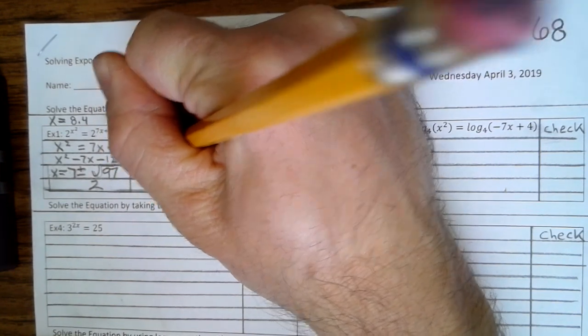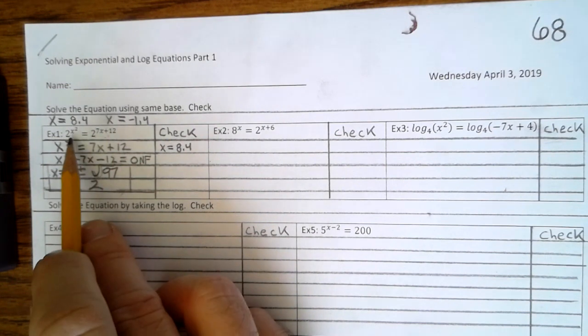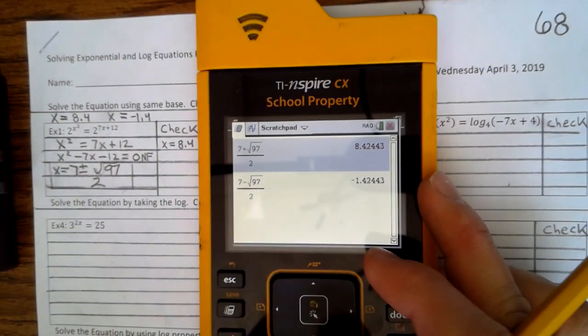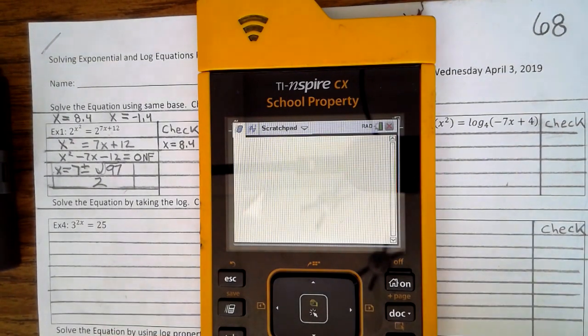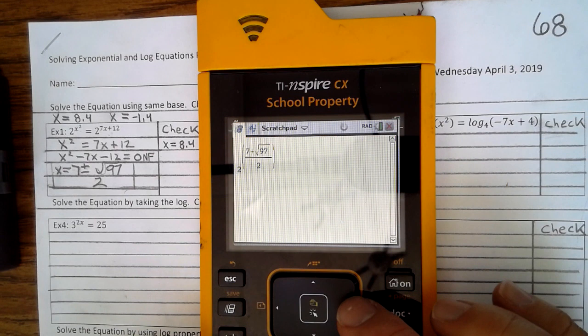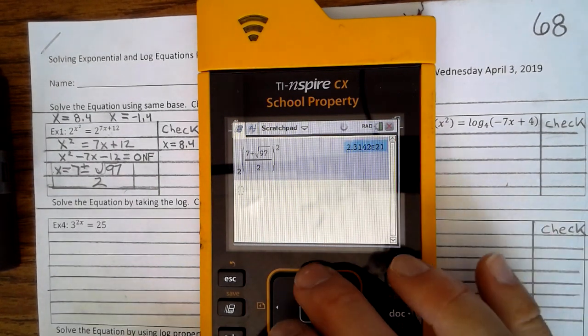Now we're checking 8.4, but when we check it, we actually have to plug all of this into the equation, okay? So let's delete this. So we have 2 raised to the parentheses, control divide, 7 plus control square root of 97, divided by 2, squared. Okay, I'm going to highlight, enter.